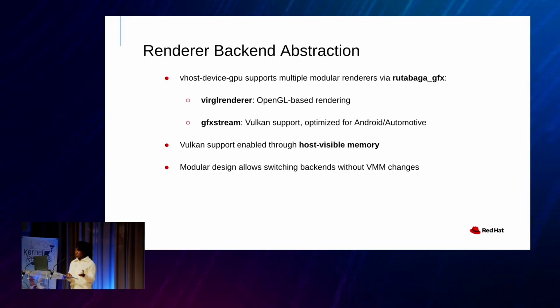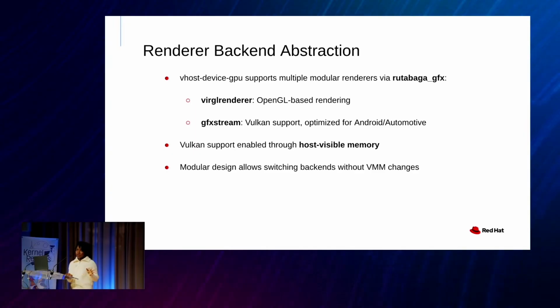So let's look at the current design. In vhost-device-gpu, currently we use rutabaga GFX as an abstraction to talk to multiple backends like the virglrenderer and the gfxstream. Although the virtual GPU device does not directly handle multiple backends, it interacts with rutabaga GFX through a trait interface, and that exposes a unified API to vhost-device-gpu.